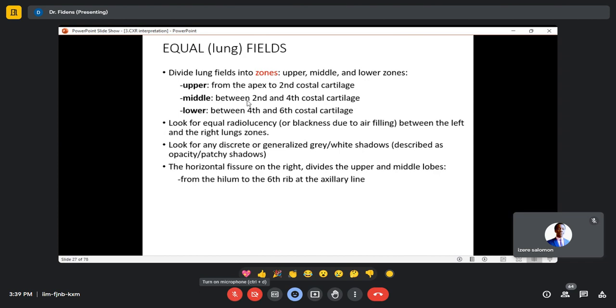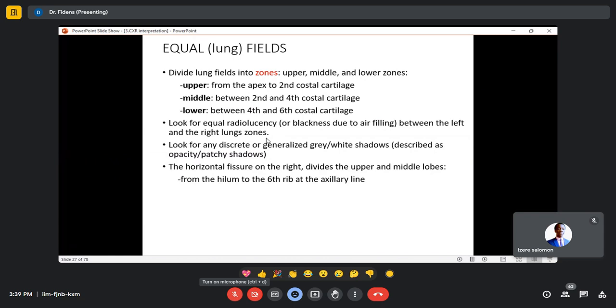And again, after dividing the lungs into 3 zones, now you look for equal radiolucency. Remember, lungs are radiolucent unless there is an opacity, between the left and the right lung zones. So you compare the left and the right upper zone and compare the radiolucency.